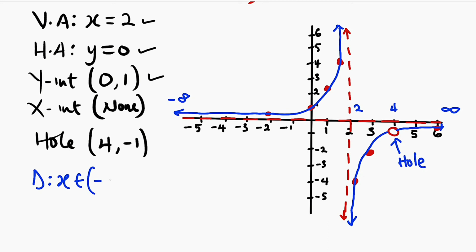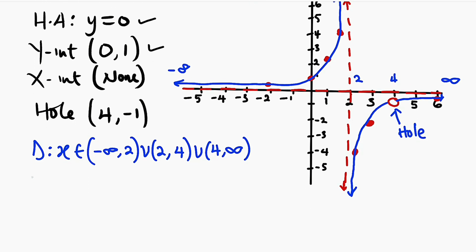Okay, we have from negative infinity up to 2, union from 2 up to 4, then from 4 up to positive infinity. So this is our domain.